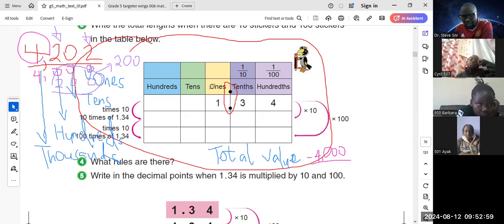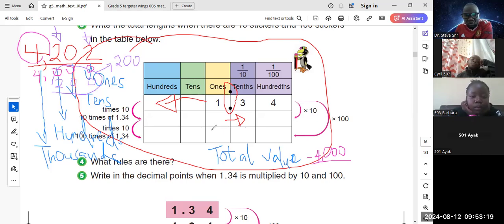So ones, tens, hundreds, thousands, in this direction. Then after the decimal point, going to your right, we have tenths. So you start with the tenths, hundredths, thousandths, in that order.